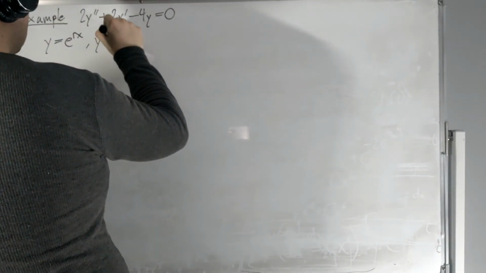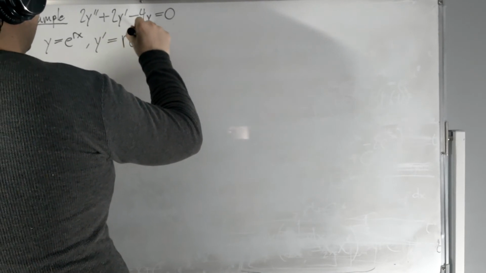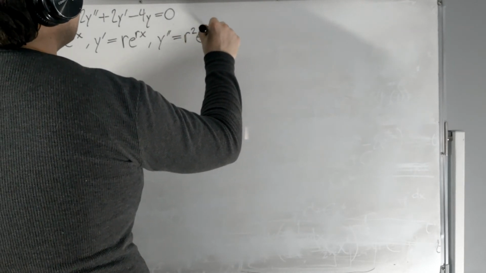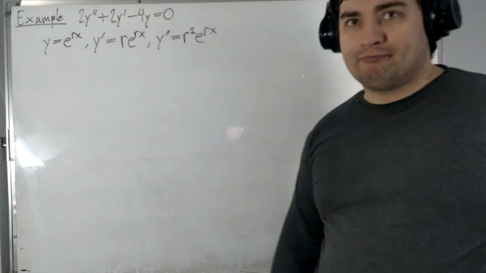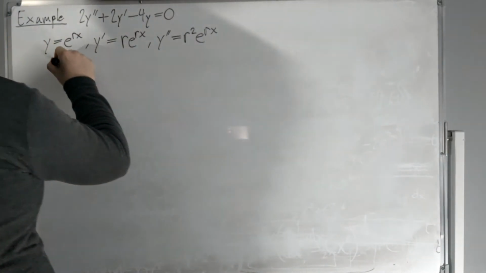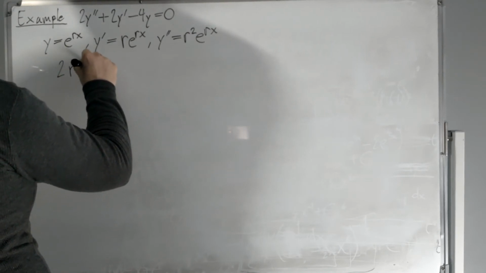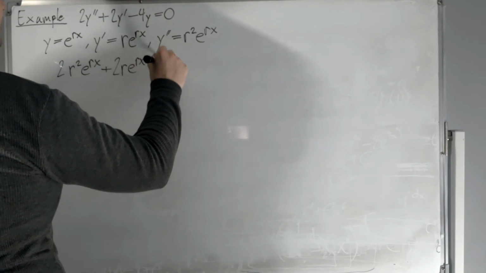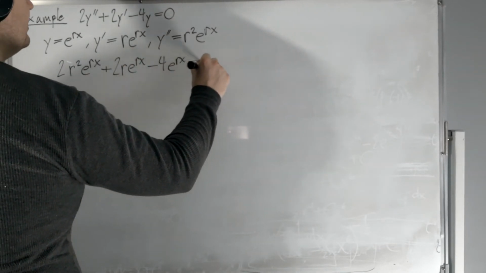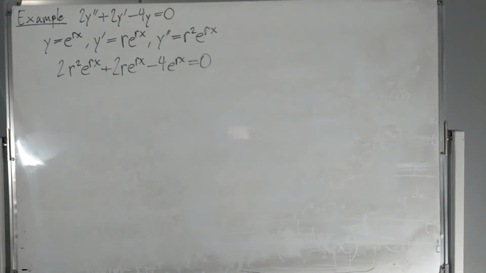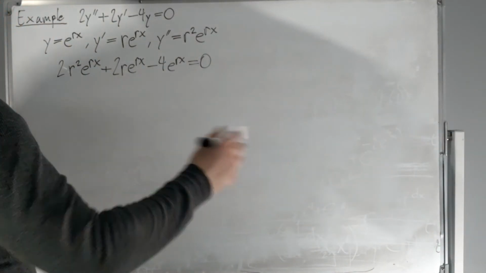Okay. So y' equals r e to the rx, and y'' equals r squared e to the rx. You put that into the ODE, you get 2r squared e to the rx plus 2r e to the rx minus 4e to the rx equals 0. Now, you can factor out e to the rx, and I guess you can also factor out 2.